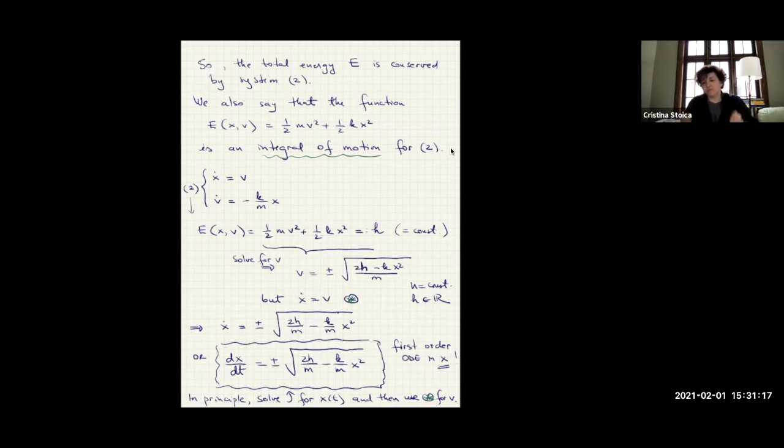I'm just going to do the algebra and the calculus on it. So the advantage of having an integral of motion is that it allows you to reduce the number of equations and get on with the job. I can go further with this one here.